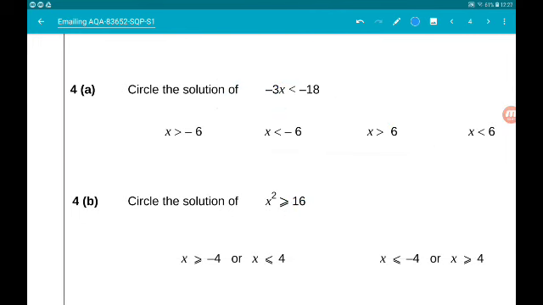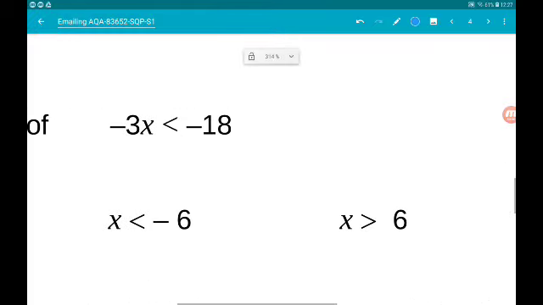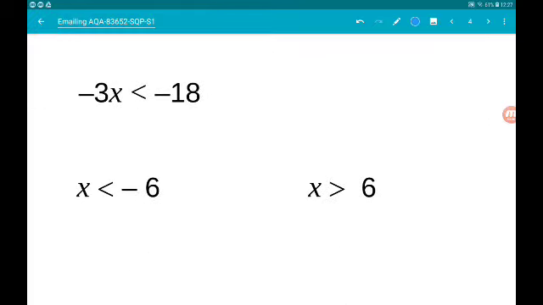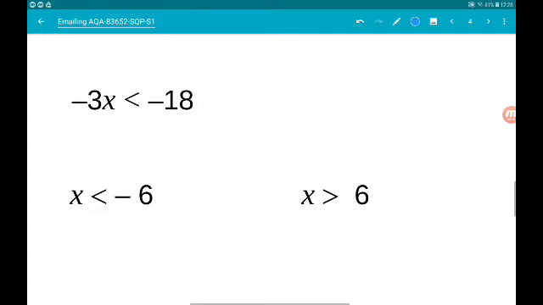4a wants us to circle the solution to -3x is less than -18. Okay, so we have to be really careful with negatives when we're playing with inequalities. So we do have a common factor of -3 on both sides. So we could divide through both sides by -3.